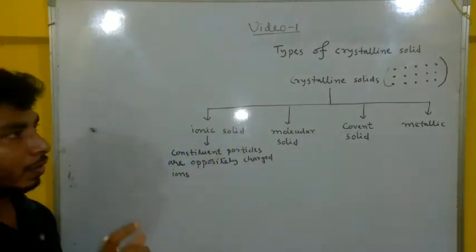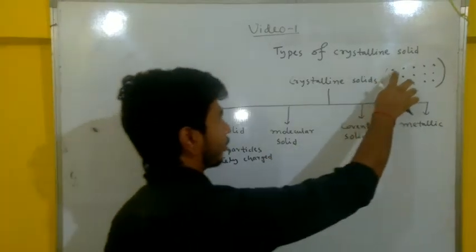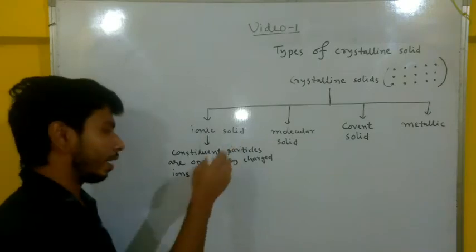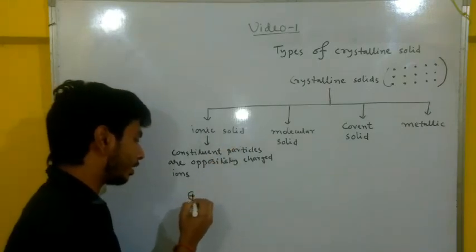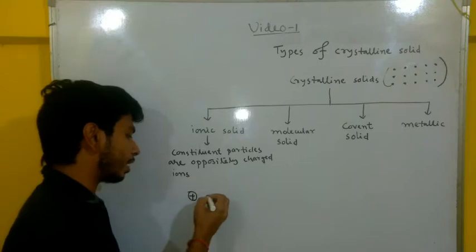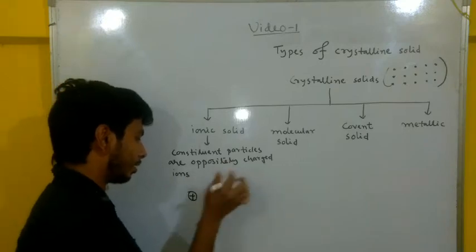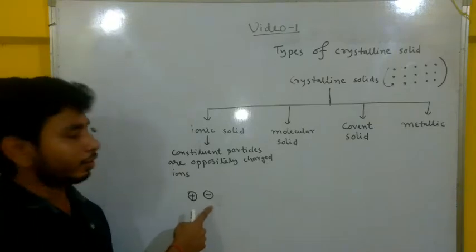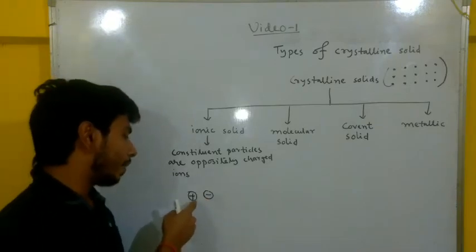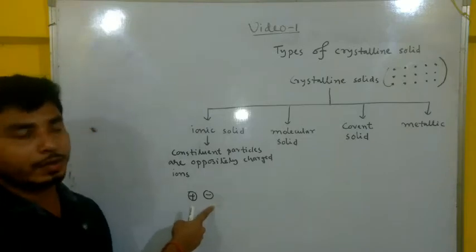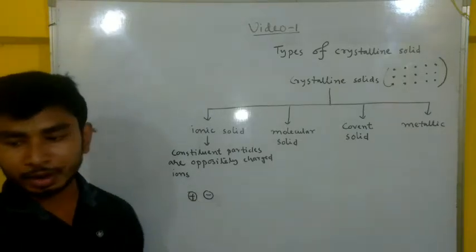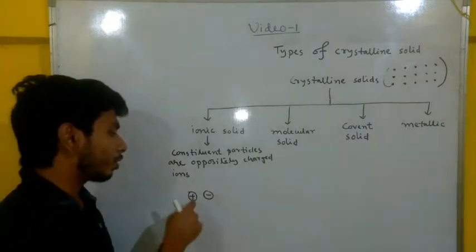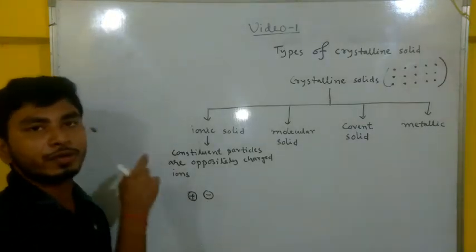Now the next question is, what is the nature of attraction between the two particles in ionic solid? If the particles are oppositely charged ions, suppose one is positive charge, other is negative charge, then what is the nature of attraction between the two particles? The nature of attraction is the strong electrostatic force of attraction.